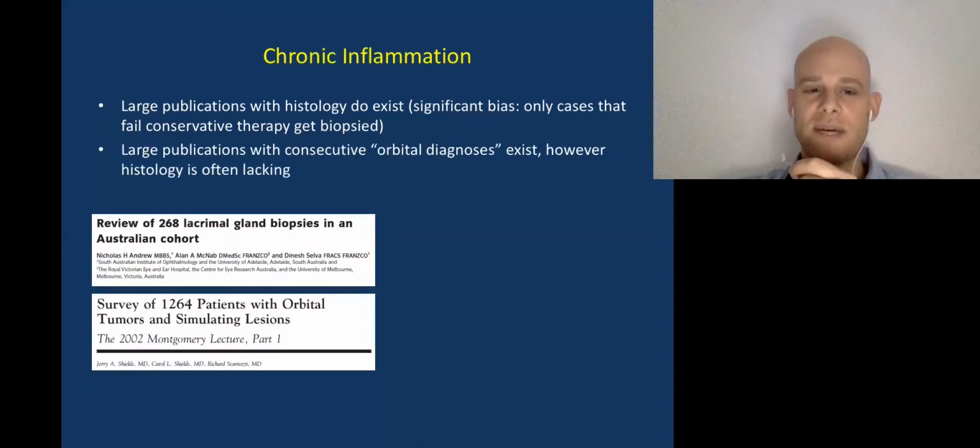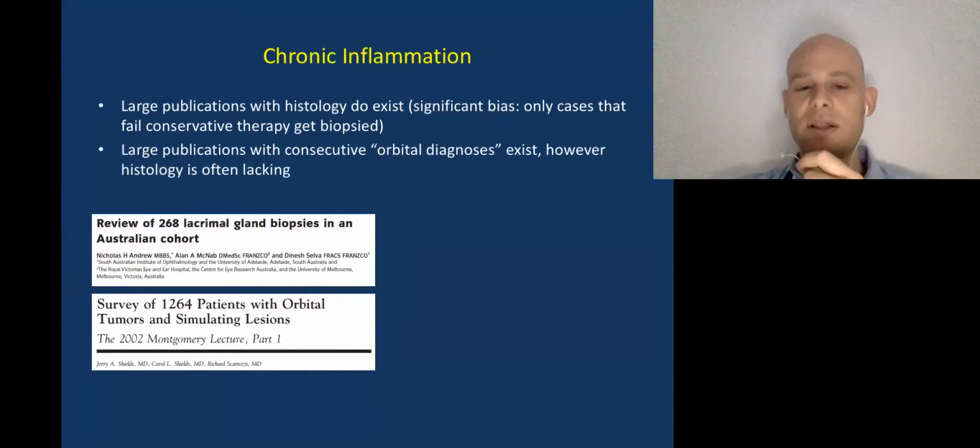My second comment is that large publications also exist with consecutive orbital diagnoses. Here's a very big publication in Ophthalmology from the Shields group in Philadelphia, where they looked at almost 1,300 patients with orbital tumors and orbital inflammation, and they said, here were our diagnoses.